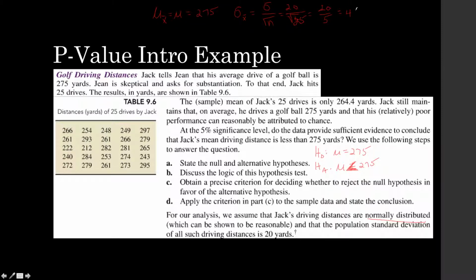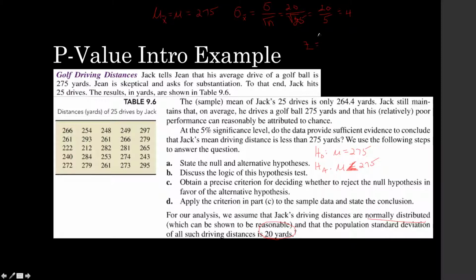So remember, we have to set up a test statistic just like we did with the critical value approach. Number one, because it's normally distributed, and number two, because the standard deviation is known, we know that this is going to be a z-score.